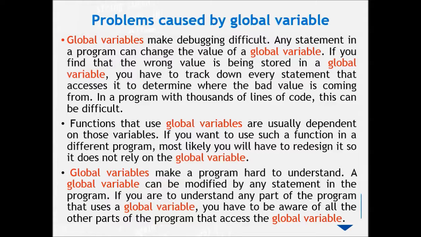So in short, we define global variables before starting our functions or our main function, and we are able to use them in any function or any space between the programs.